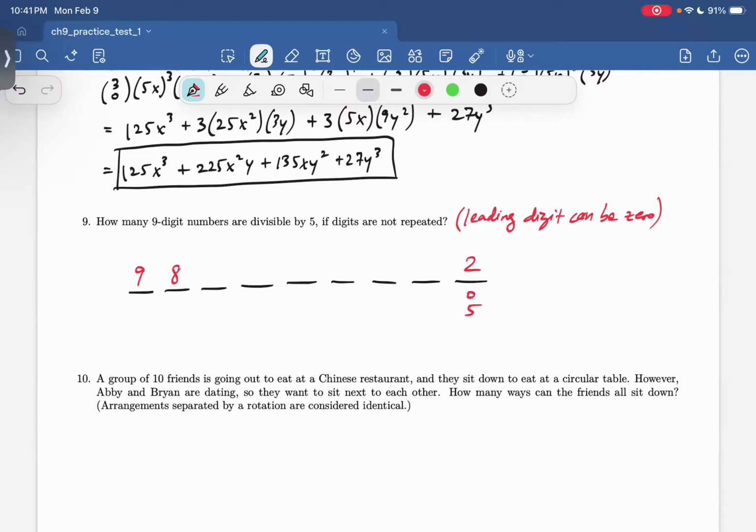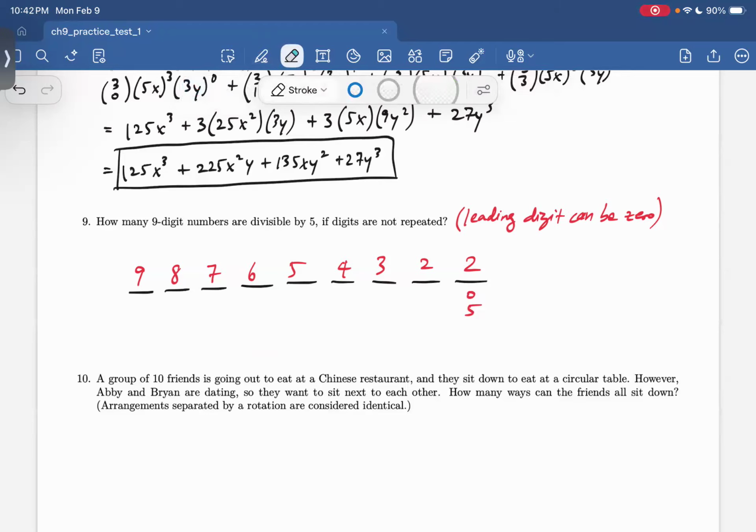So that means I have 8, 7, 6, 5, 4, 3, and then I have 2 choices for the very last digit. All right, so if I multiply all of this, this is going to come out to 2 times 9 factorial. Should use black.